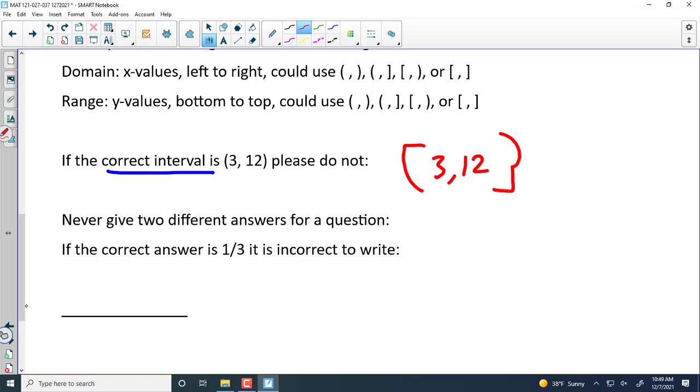That's terrible. And don't do this. This one I think people do on accident sometimes because they don't realize that I don't know which one they wrote first. But if the correct answer is 3 to 12 with parentheses, and I can't tell if you meant parentheses or brackets, then I got to mark it wrong, just because I don't know what you mean.